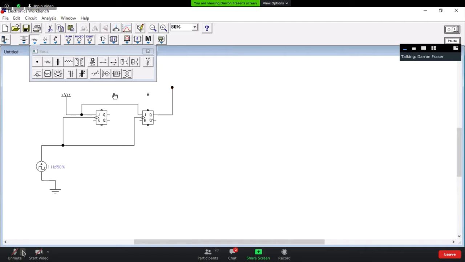And this output here is A. So JKA is not B. And KB, where was A?